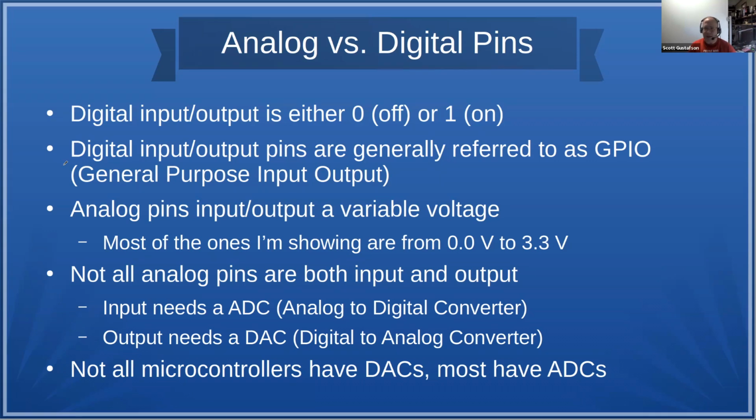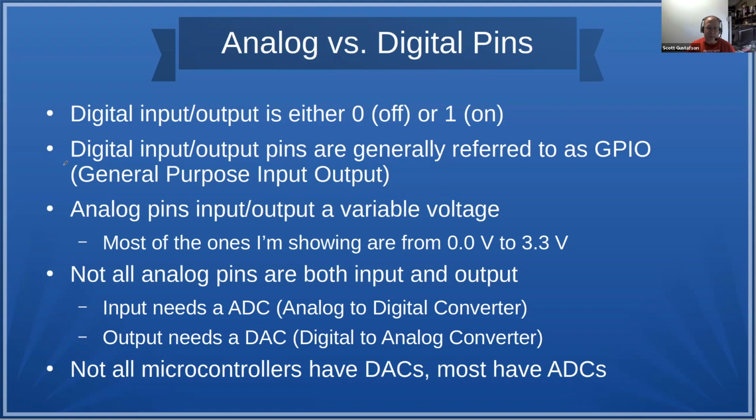One of the big differences of why they don't include the DACs, for the digital out in this case, is that it's like 20 cents, but only like 5% of the people use them. So they don't include those. If you're looking for those kinds of things, it's important to look at the specs and see if the particular board or the microcontroller you want to use actually has it.